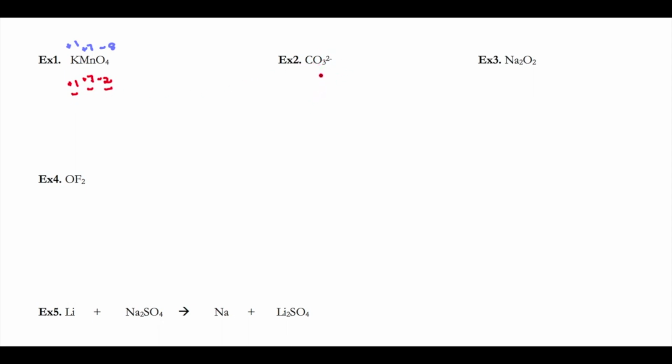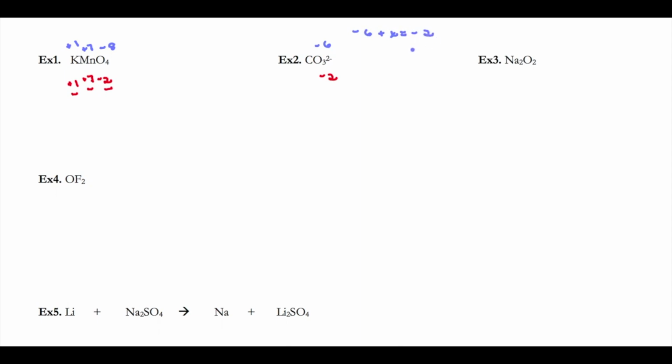Carbonate. I know oxygen is going to be -2. All right, so I've got to figure out what carbon's oxidation number is going to be. So I have 3 oxygens, so this is going to be -6. Notice my overall charge here is -2. So what would the oxidation number overall of carbon need to be in order to give me a -2 charge? Well, -6 plus what equals -2?